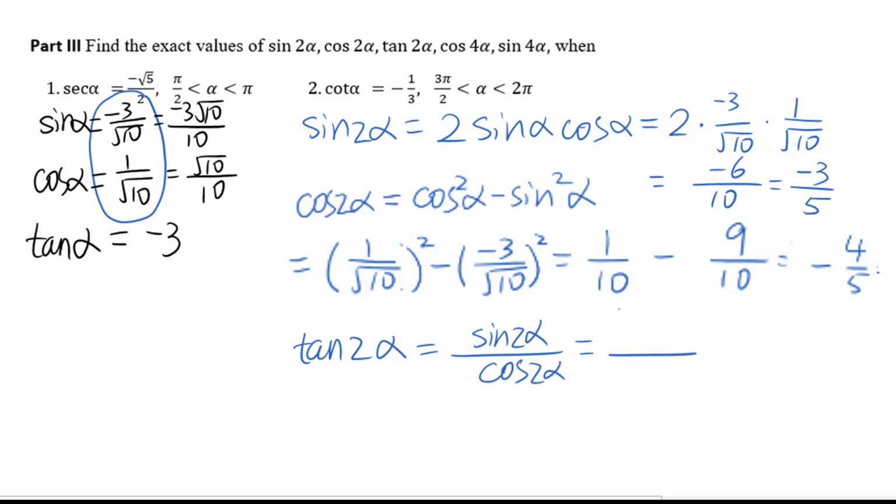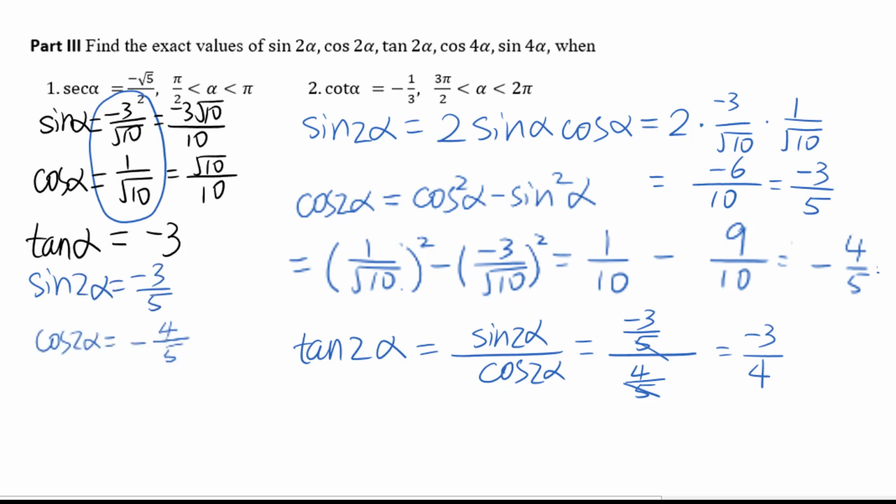That is -3 over 5 divided by -4 over 5. Reduce this 5, that is 3 over 4. So we will write down here sine 2 alpha equals -3 over 5, cosine 2 alpha equals -4 over 5, tangent 2 alpha equals 3 over 4.